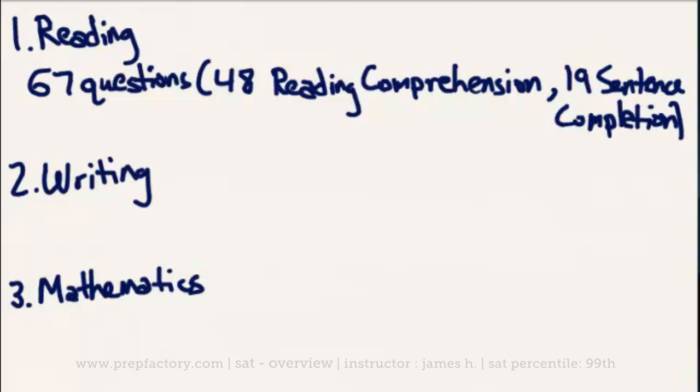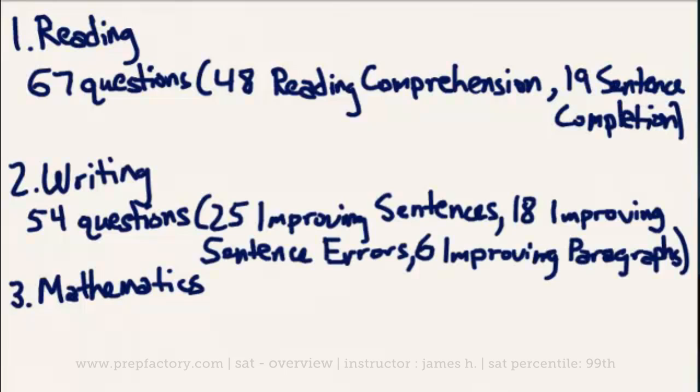Now, the writing section has 54 total multiple choice questions. Of those 54 questions, there are 25 improving sentences questions, where you're given a sentence that is partially underlined, and you're asked to rewrite that part of the sentence in the most effective way.